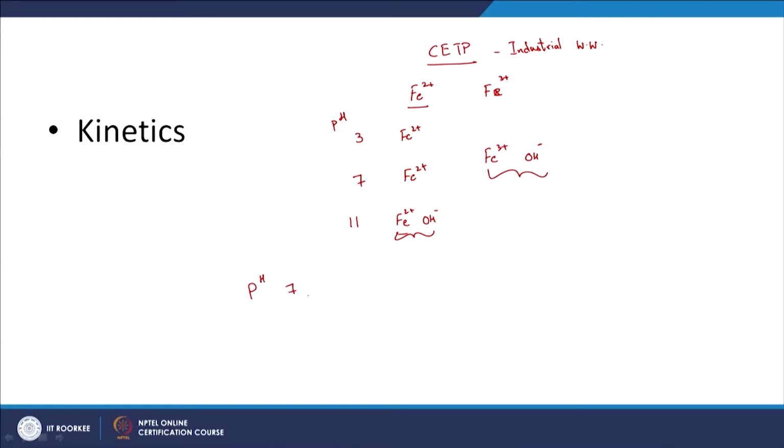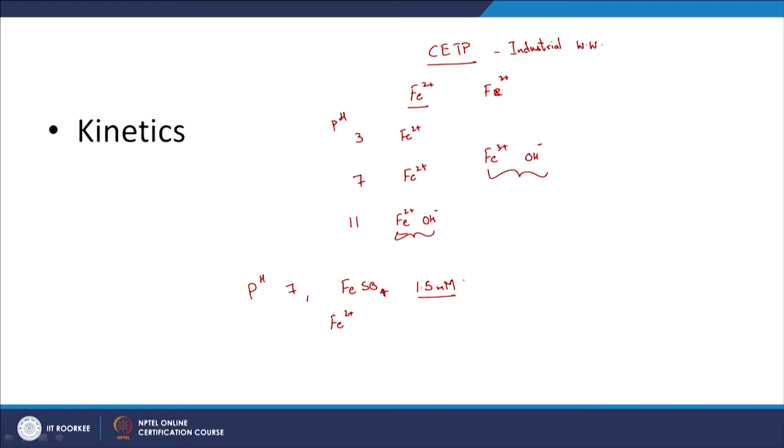I am first going to demonstrate the formation of a precipitate when we add either Fe2+ or Fe3+. The case I am going to look at is pH 7. In one case I add FeSO4, a source of Fe2+, at 1.5 millimolar, which is what people generally use in the common effluent treatment plant.